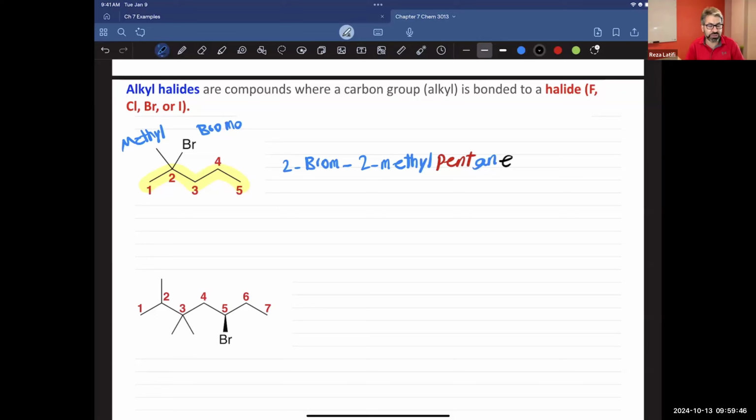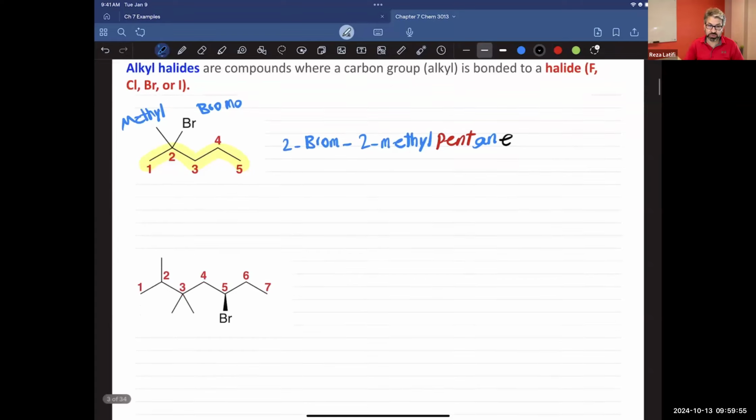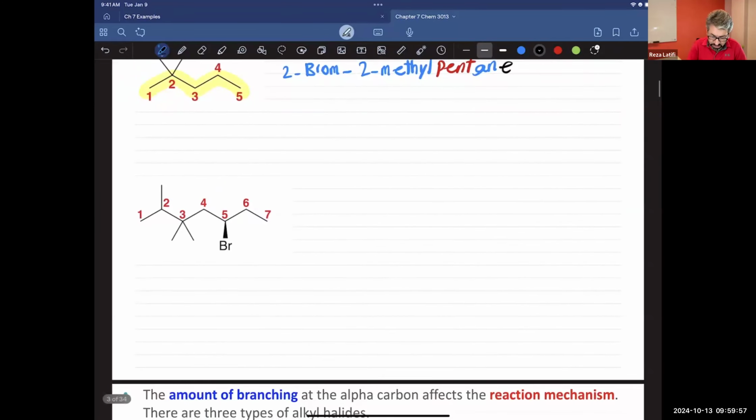Now, if you have a stereocenter, you have to mention where that stereocenter is, and also what the configuration for it is. In this case, we have 7 carbons for the main chain or the parent chain, and we have 3 methyl groups. They are in different positions, and bromo as well. As I said before, bromo will get priority over methyl.